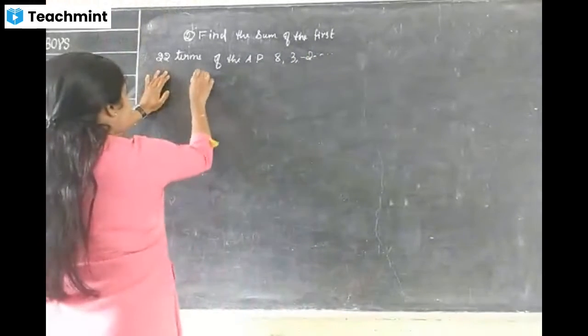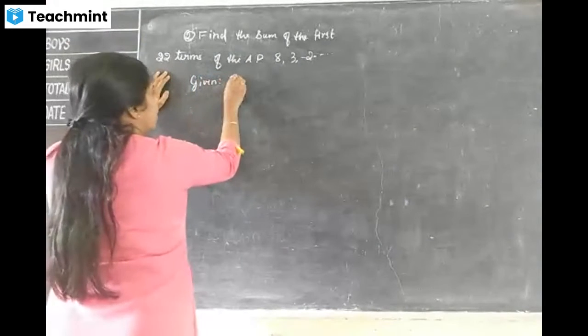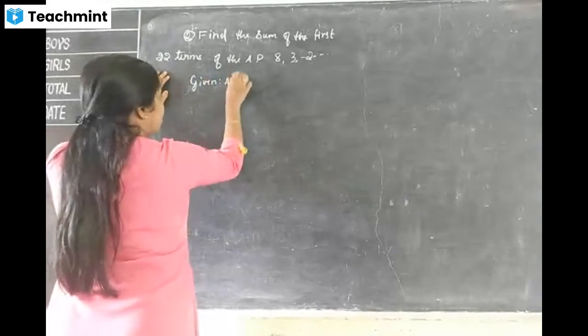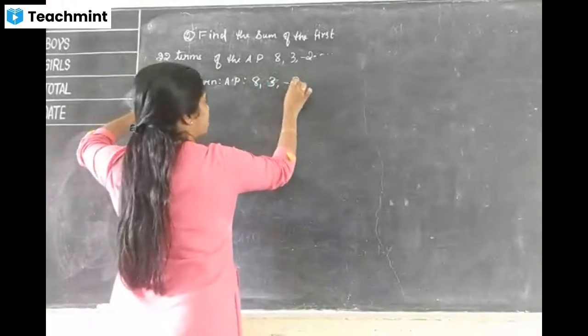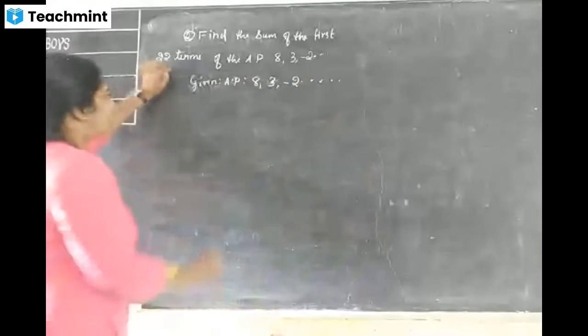Now, given AP is 8, 3, minus 2, the list of the terms.